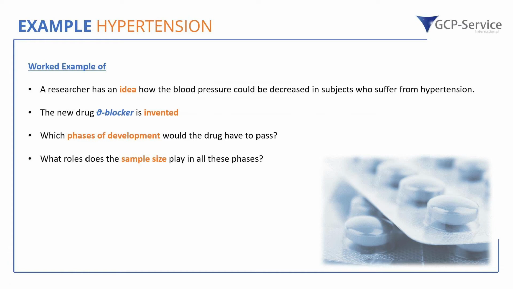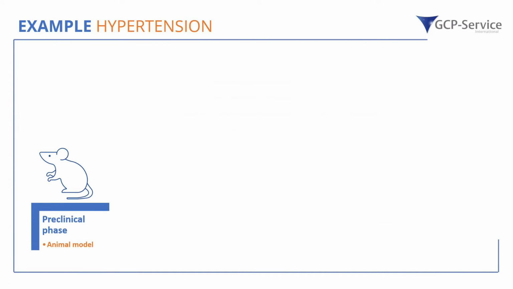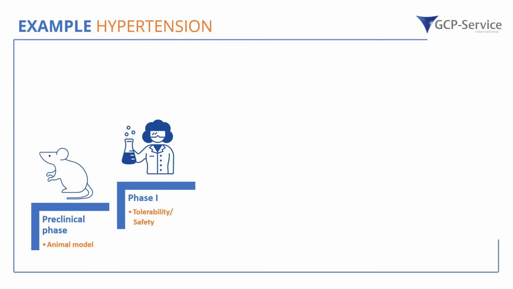So let's start with a brief summary of the drug development phases. We start with the preclinical phase, where we test our drug in animal models to see if we can find an effect. If we find an effect, then we go into the phase 1 study, where we first test our drug in the human body, and here we focus on the safety profile.